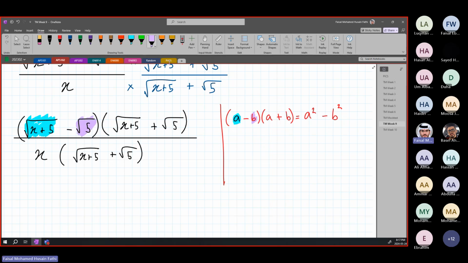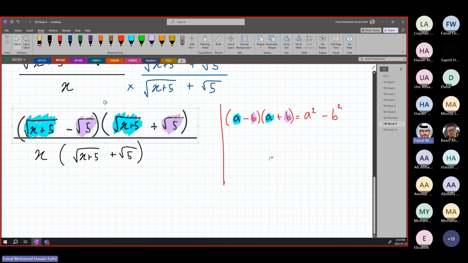Okay, so if you notice now, this is also square root of 5, which is the b, and this is square root of x plus 5, which is also a here. So we have the same form on the left-hand side here, this form. We have it in the equation at the top. One of them is minus and one of them is plus. Same thing here. One of them is minus, one of them is plus. This is why we wanted to multiply by the conjugate. Okay?